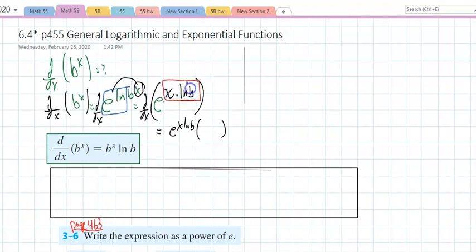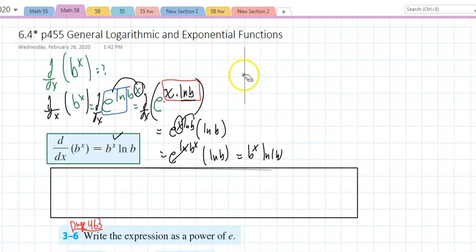And since this is a linear expression, the derivative of that is simply natural log of b. And if I make that a power again, that is e to the natural log of b to the x times natural log of b, and those undo each other, and I'm left with b to the x natural log of b. And that's how you would take a derivative of b to the x.